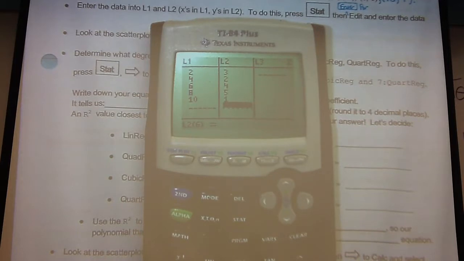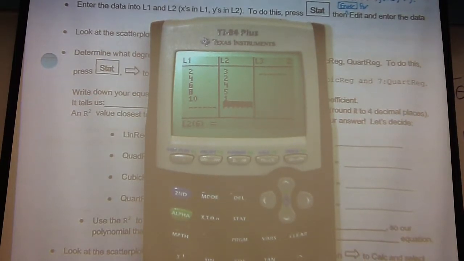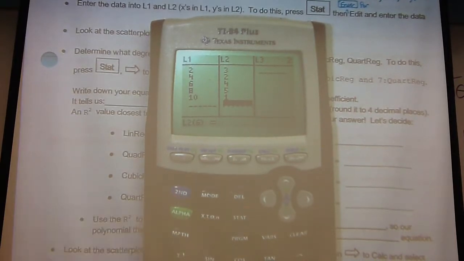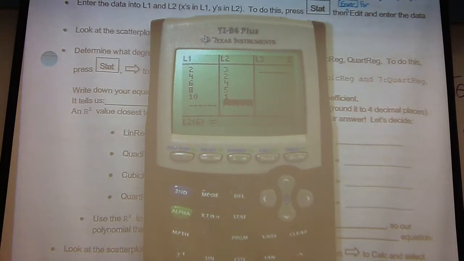Thumbs up when you're done. So that puts the data in and that tells the calculator this is what I'm going to look at.